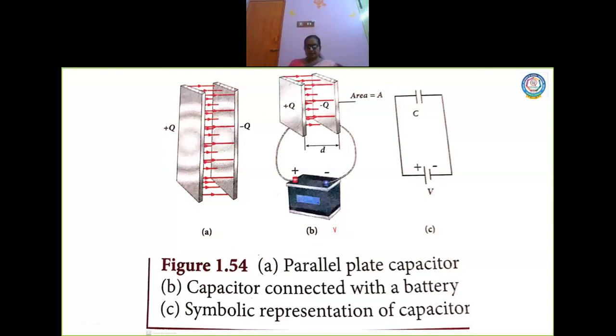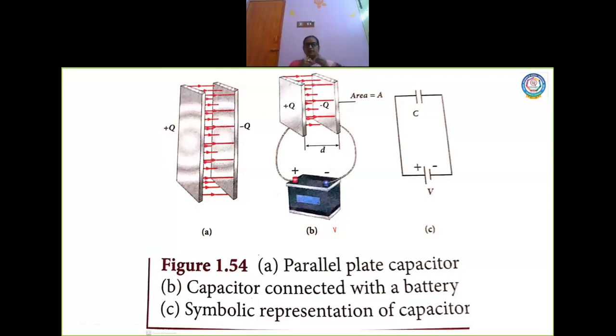As soon as you connect it to a battery, the electrons, which are very free to move, are transferred from one plate to the other by the battery.